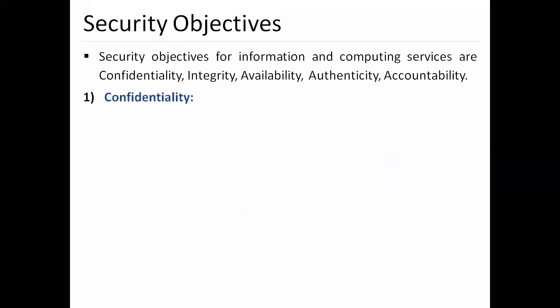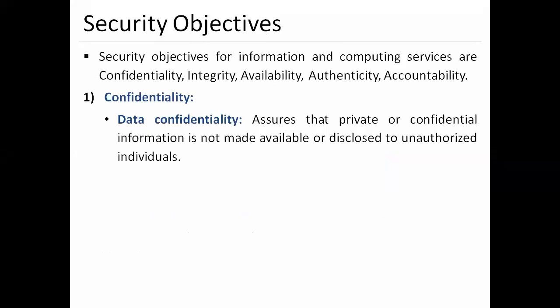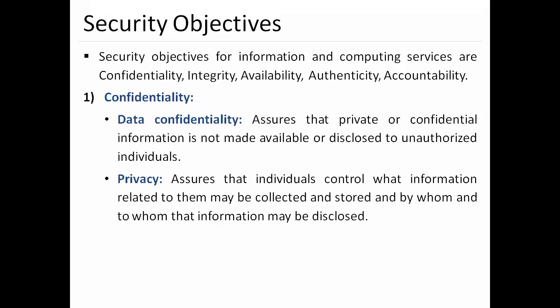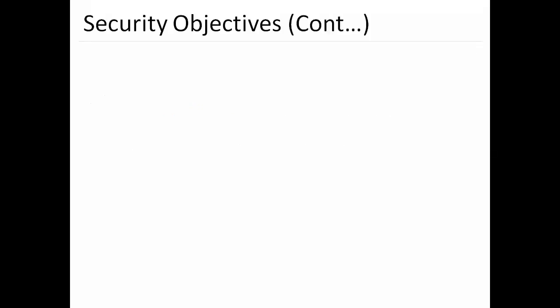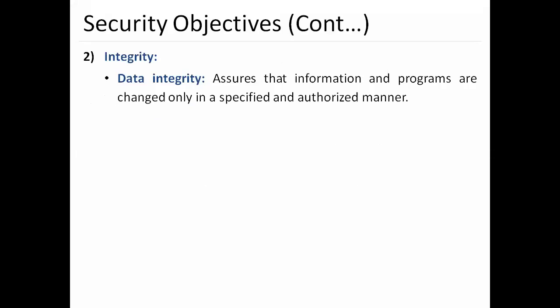Because using authentication we have some objectives. First is confidentiality: we have to keep confidential information from being disclosed or revealed in unauthorized form. Next is privacy: we have to keep our information private, and it should not be disclosed in front of anybody.